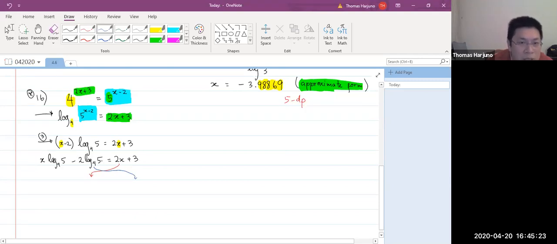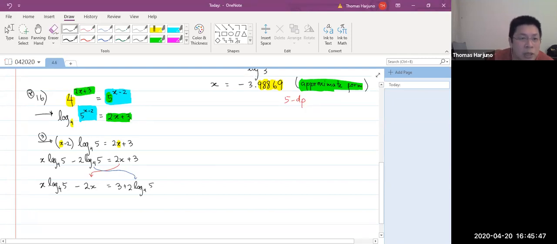So I will just keep it that way, knowing that it will be a constant. Going back to the left-hand side, I will have x log base 4 of 5 minus 2x equals 3 plus 2 log base 4 of 5.